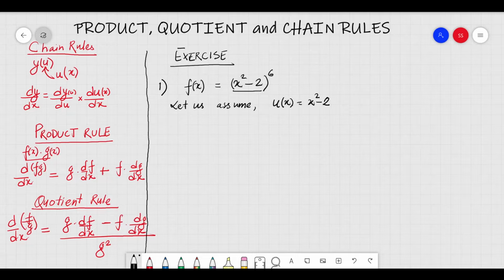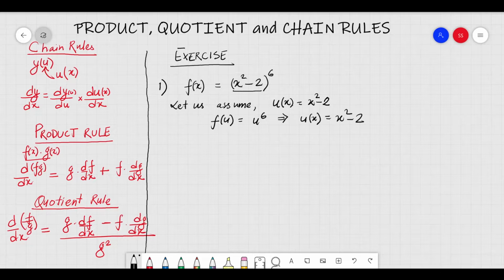Then your f function with respect to u would be u to the power 6, where u is a function of variable x and is equal to x squared minus 2.